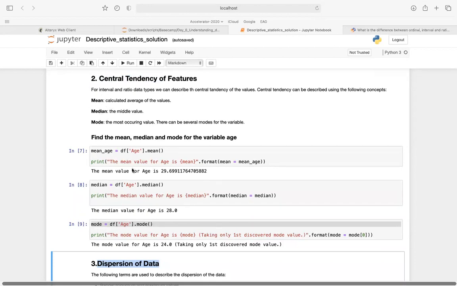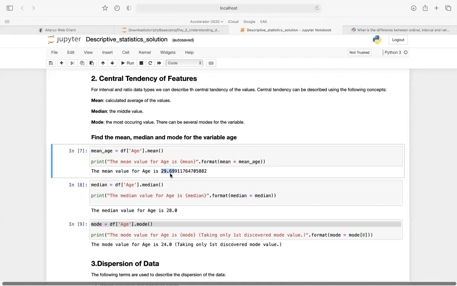This is a single number I'm getting, again a single number, and again a single number here as well. But using these single numbers, I can still make assumptions. I can still try to understand what the age column would look like, what the properties of the age column are. So that is what we mean by central tendency.